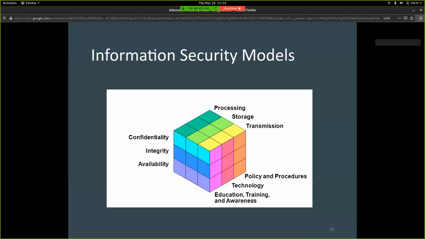So this is a simple model where you can look at each one of these cubes based on the CIA triad, what's happening to the data, and then the different controls across the bottom between policies, tech, and education, training, and awareness.